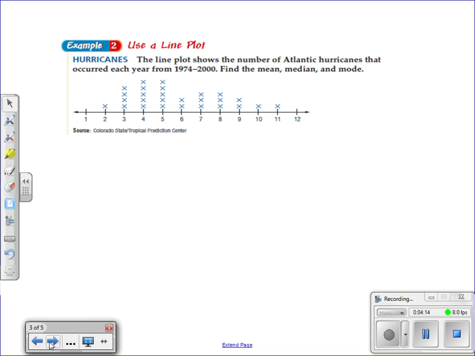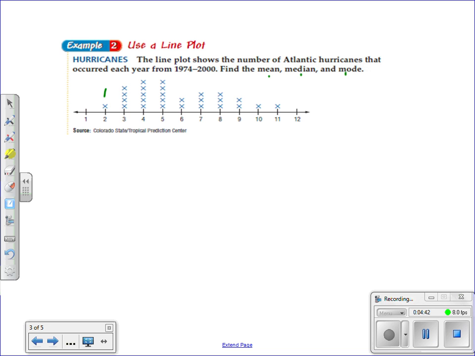We talked about line plots a little bit. Let's review how we did that. Here we have the hurricane season in the Atlantic, and we've recorded the data on a line plot for how many hurricanes occurred each year from 1974 to 2000. And then we're going to find the mean and the median. We can see that there was one year that we had two hurricanes.